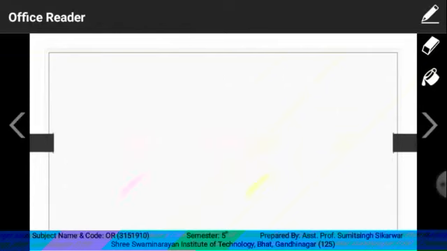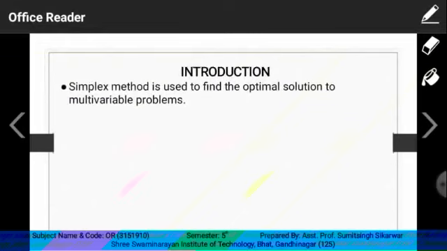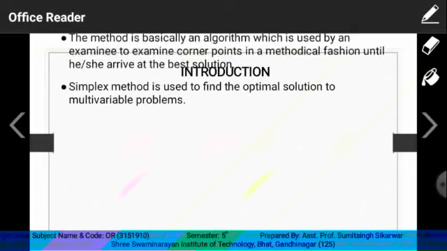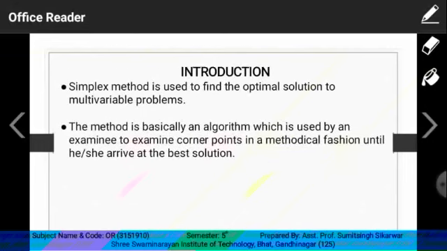Now let us begin with the introduction. The simplex method is used to find the optimal solution to a multivariable problem. This method is basically an algorithm which is used to examine corner points in a methodical fashion until one arrives at the best solution.